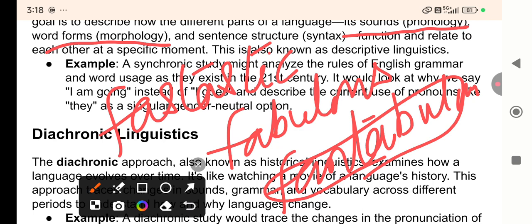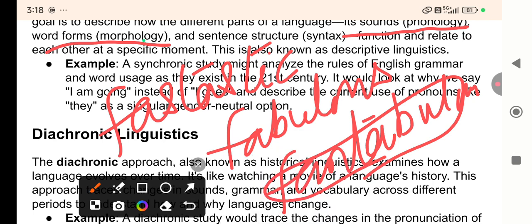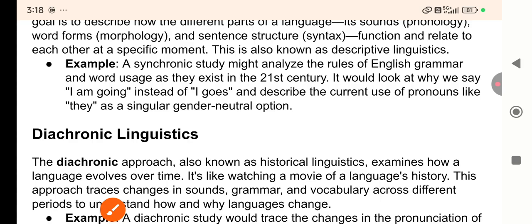So this will be part of morphology, how a word is made. The sound of the word is phonology. And where to use it, for example, this is a really very good or fantabulous performance, that is sentence structure, how and where to use it.